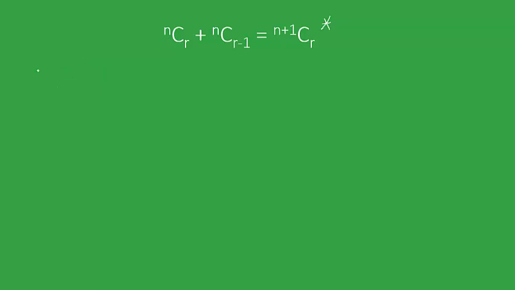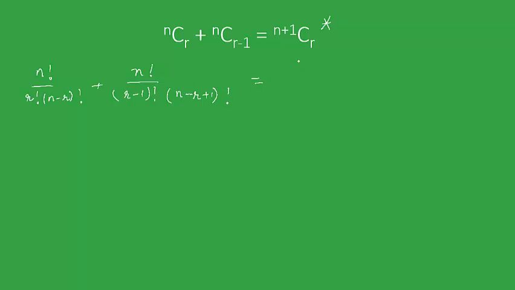First let's write what nCr is. nCr will be n factorial upon r factorial into n minus r factorial. For the second term, simply replace r with r minus 1 to obtain n factorial upon r minus 1 factorial into n minus r plus 1 factorial.